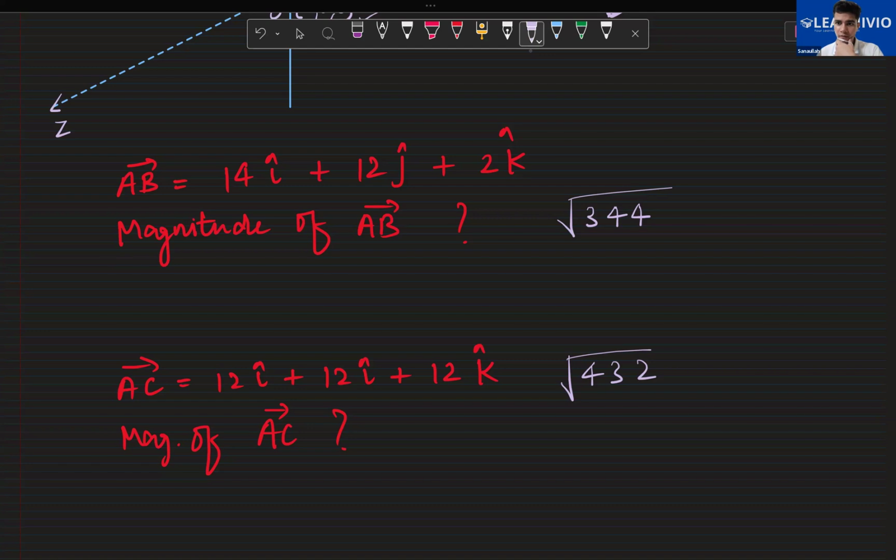First one you got root of 444, and the second one, what's for the second one?